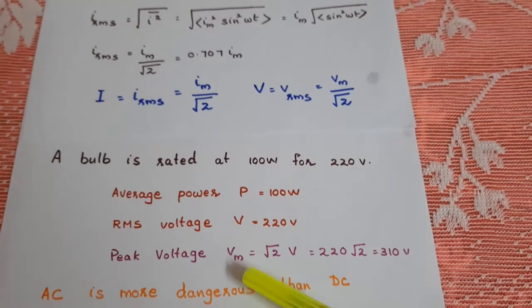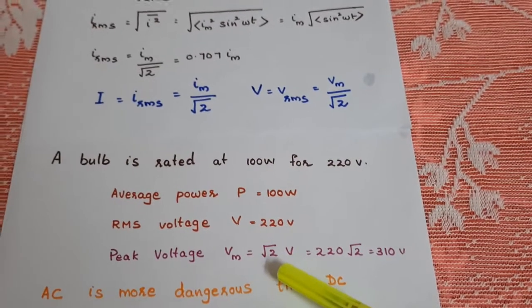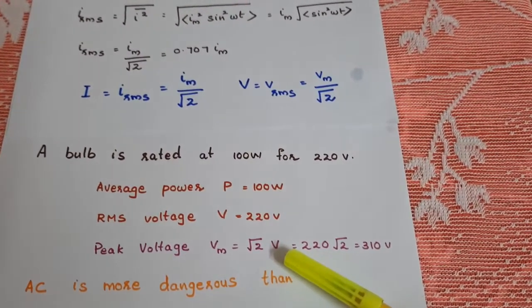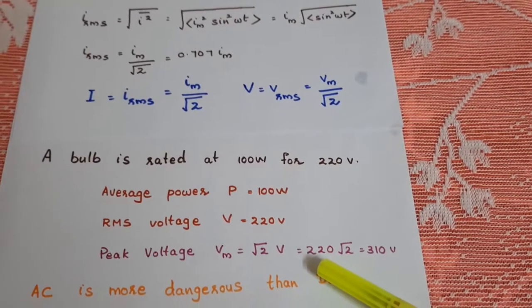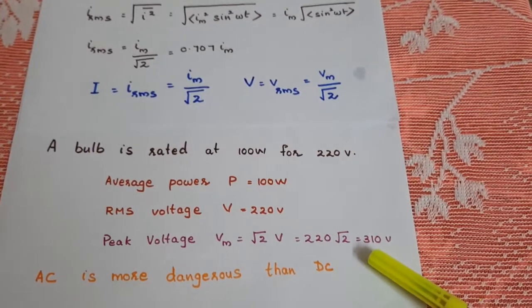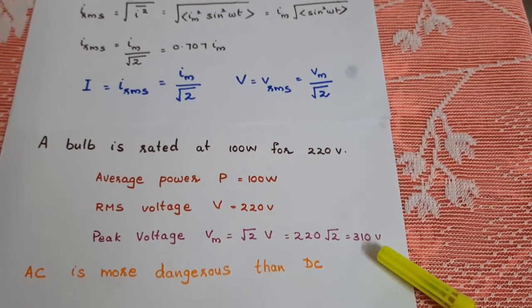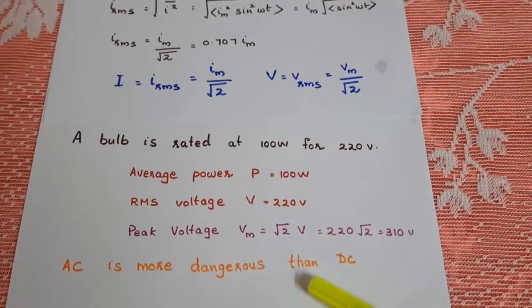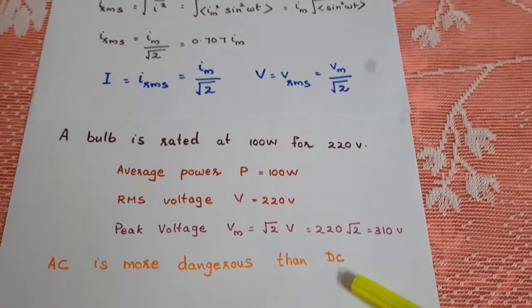So the peak voltage will be root 2 times the RMS value. That is equal to 220 into root 2, which is equal to 310 volts. That is why AC is said to be more dangerous than DC.